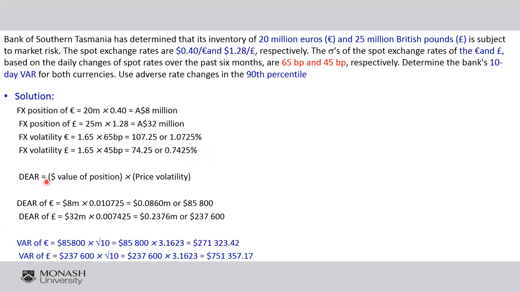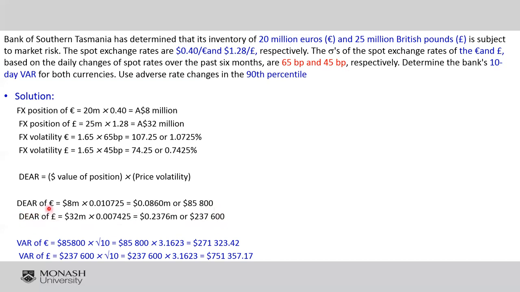Now, we want to calculate the DIR, so we take the value of the position times the price volatility, and we will do it for each position, because we have one position in the euro and one position in the pound. So we find this to be 85,800, and we find this to be 237,600. So this is the DIR.